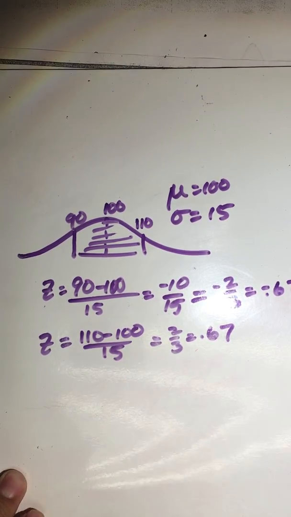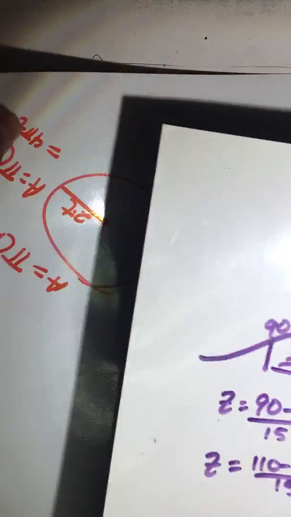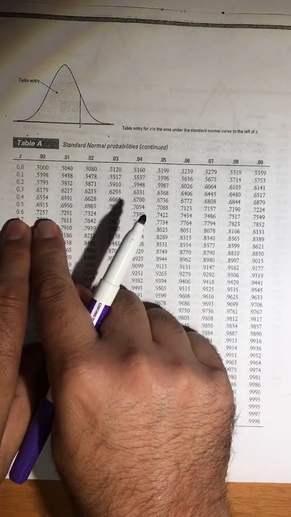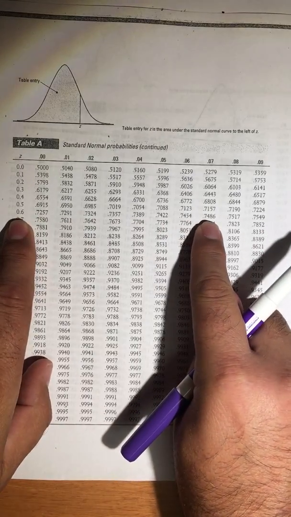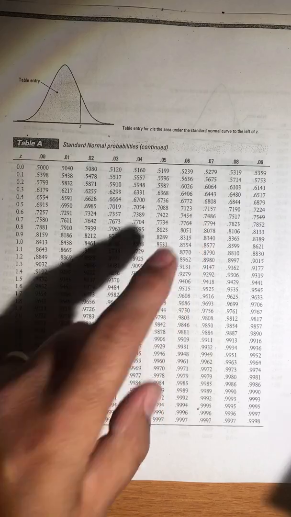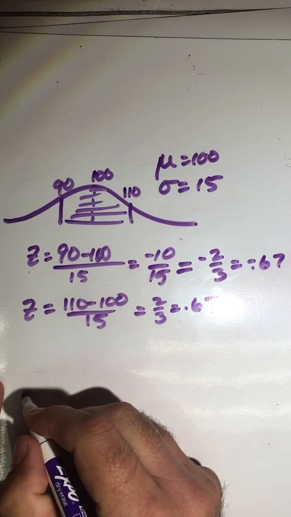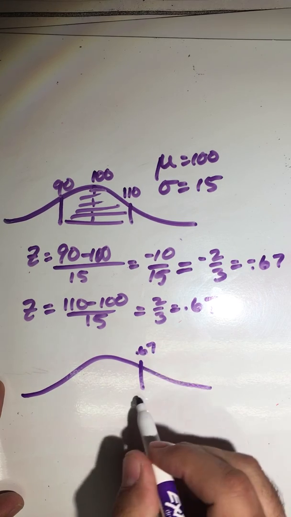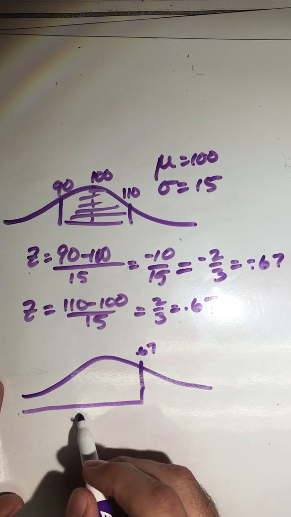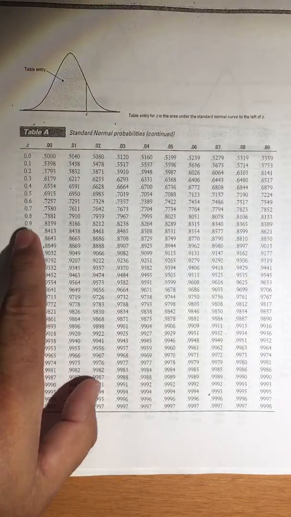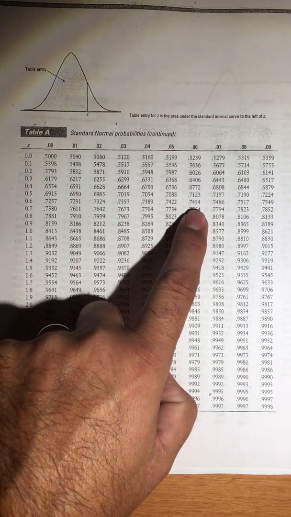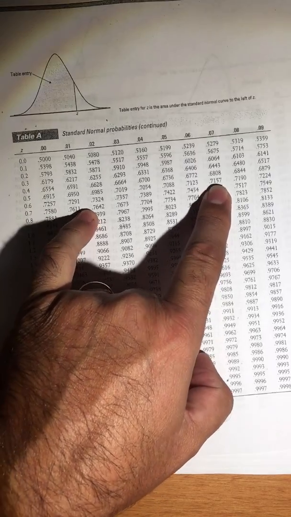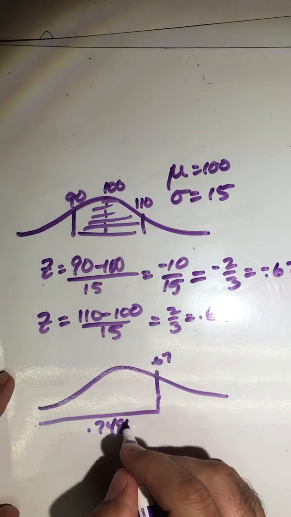So now, if I only have the table, then I'm going to have to do a little bit of arithmetic here. So 0.67 has a percentile ranking of 74.86%. So I know that on my curve, from this z-score of 0.67, this area down here is 0.7486.